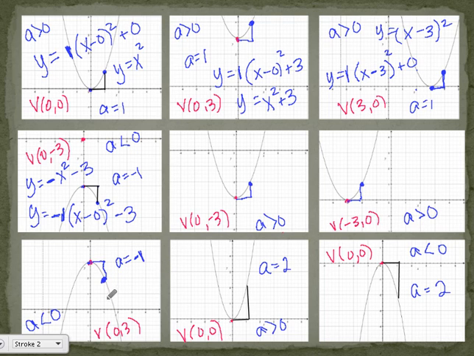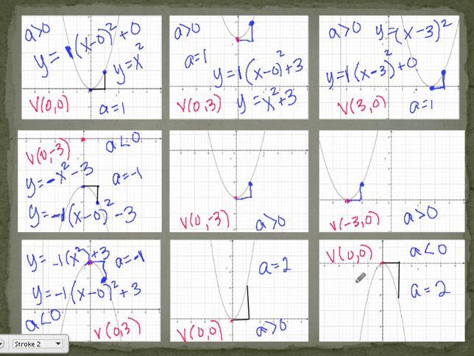For this example, y is equal to negative 1 times x minus 0 squared plus 3. So this simplifies to y is equal to negative 1 x squared plus 3. I did not have to put that set of parentheses there.